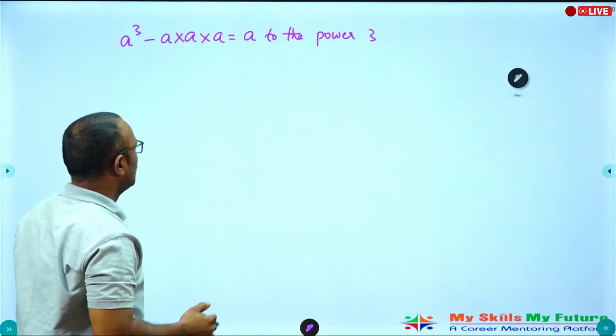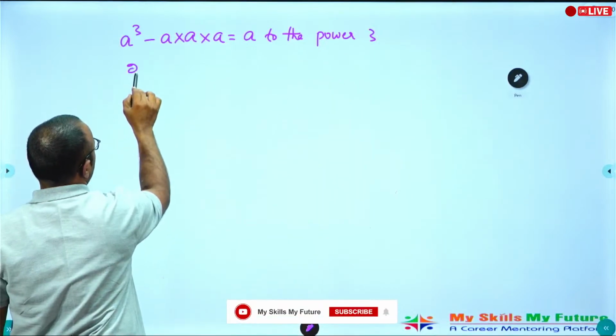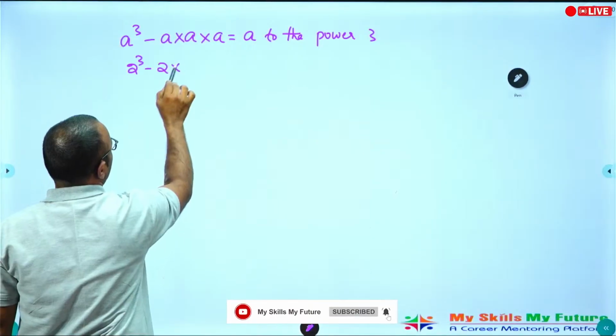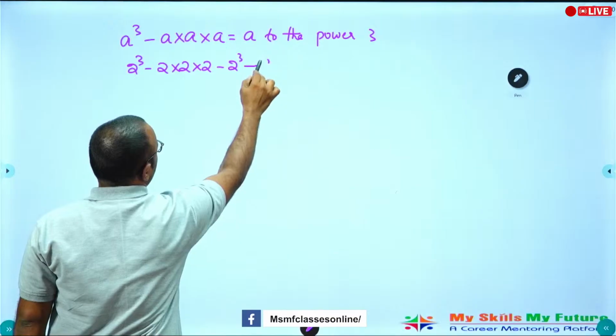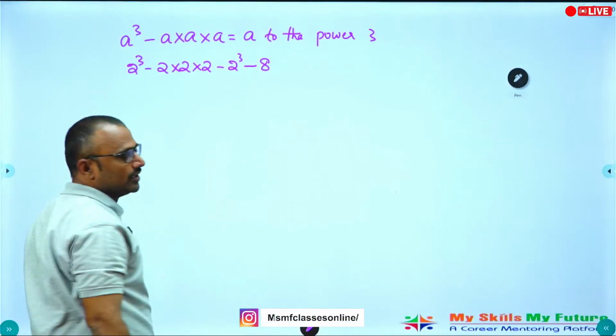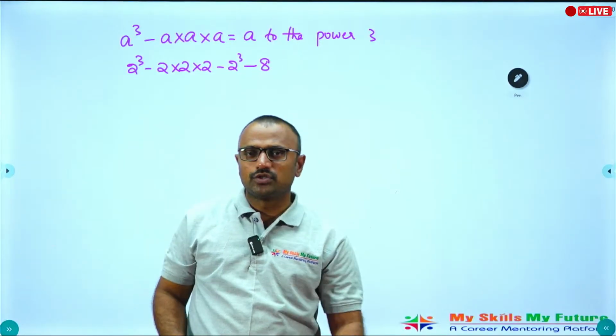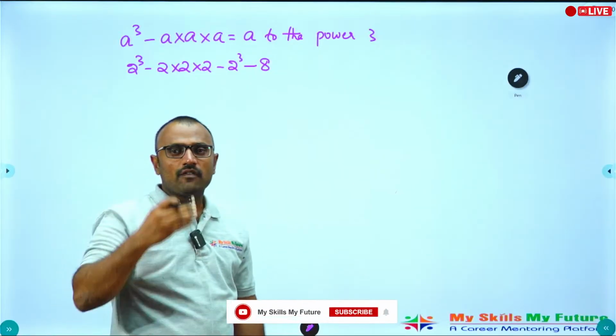Suppose what is the value of 2 cube? 2 multiplied by 2 multiplied by 2, that is 8. So the aspirant must know the cubes from 1 to 10.